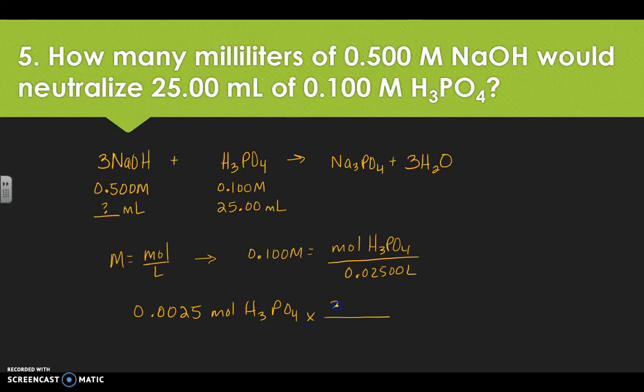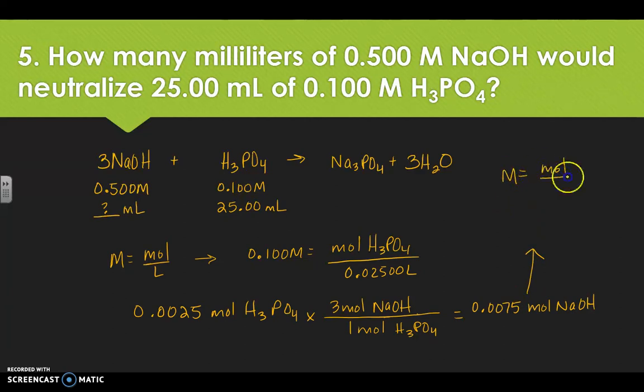Now we need to do our mole ratio. So we know that we have, ooh, look, it's different, 3 moles of NaOH for every 1 mole of H3PO4. So that times 3 gives us 0.0075 moles of NaOH. And they want to know how many milliliters of NaOH we are using. So we're going to plug it into M is equal to moles over liters.